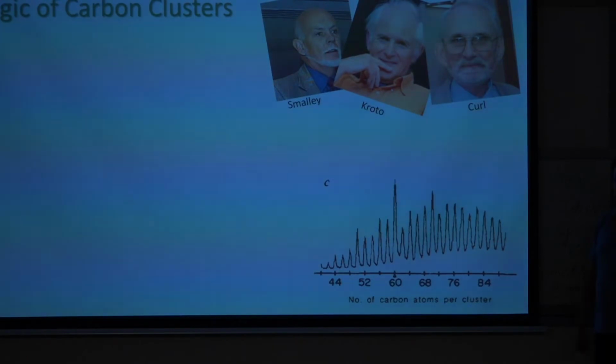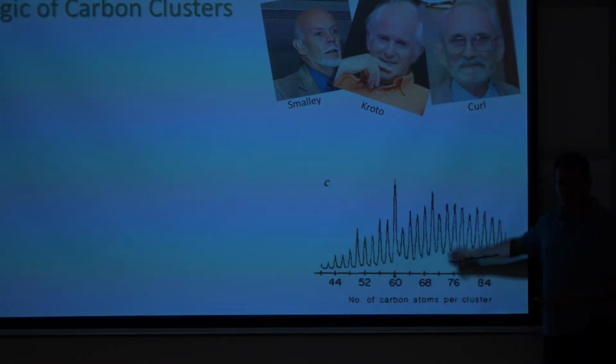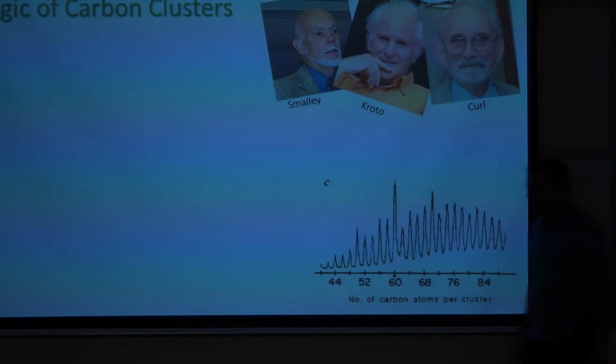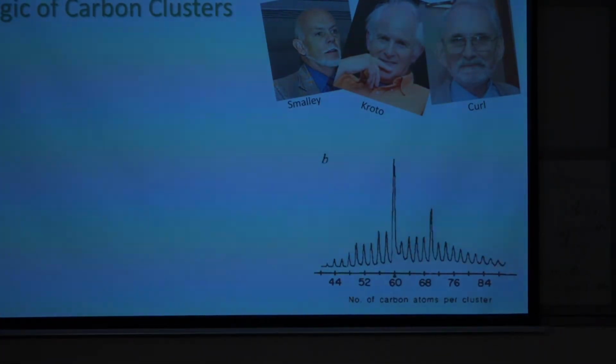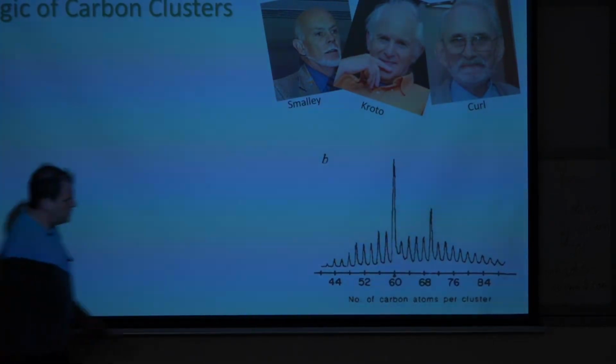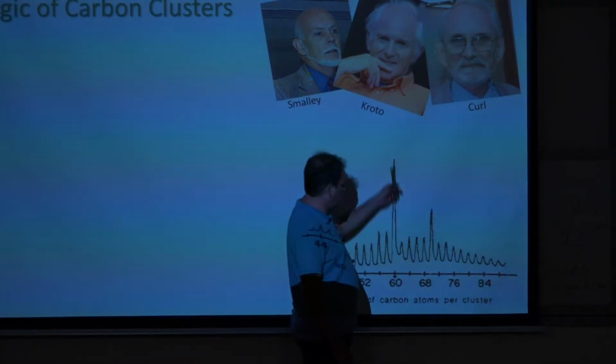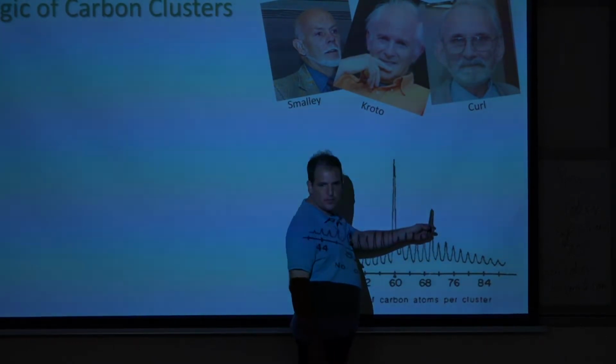And that's when someone asked me before about magic numbers, this is where you start doing systematics. What they could do is lower the temperature. And as they lowered the temperature, something strange started happening. They see much more of this size here and a little bit of this size here.